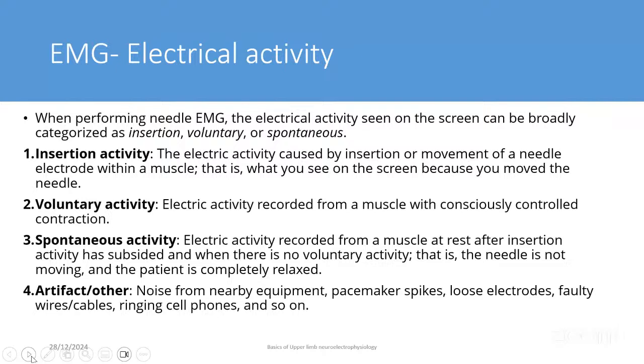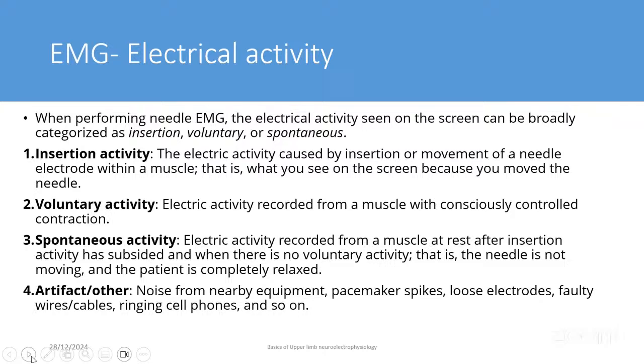Insertional activity is the electric activity caused by the insertion or movement of a needle electrode within a muscle. That is what you see on the screen because you moved the needle. As I said, you have to check in 4 quadrants for insertional activity, which is increased in case of inflammatory myopathies. So increased insertional activity is an abnormal finding.